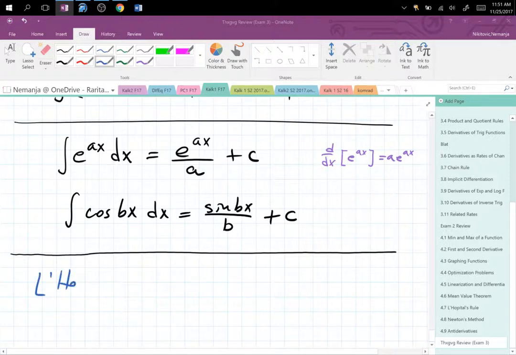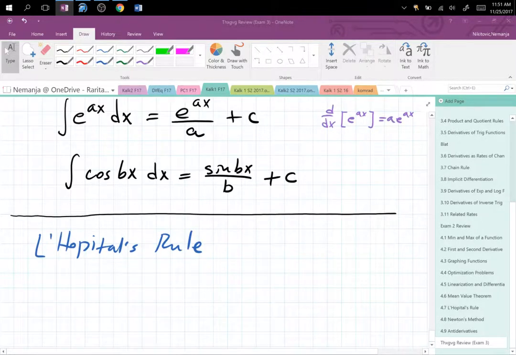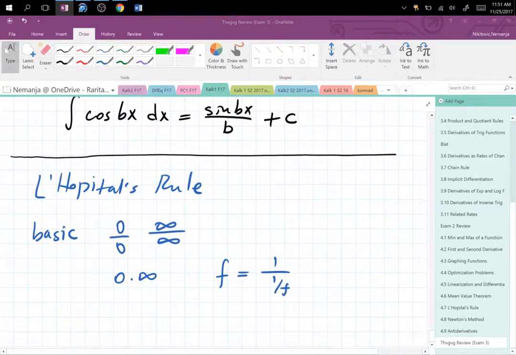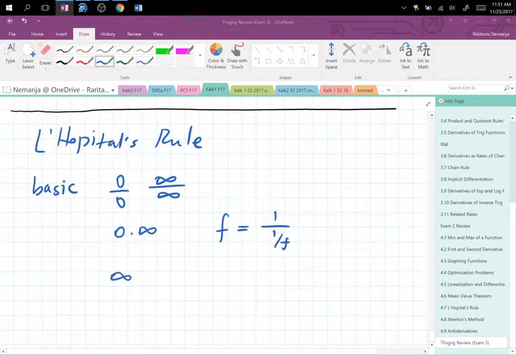So, for L'Hopital, we have the basic case, which is 0 over 0 or infinity over infinity. And then we jump into the next level up, which is 0 times infinity, where we use f equals 1 over 1 over f to switch it into the basic form. And then we have another upgrade, which is infinity minus infinity, where we have to use factoring.